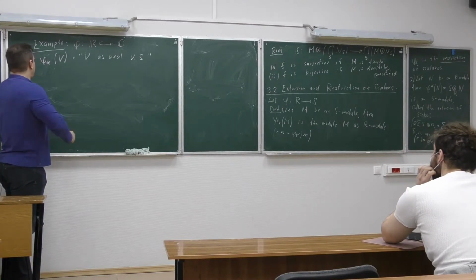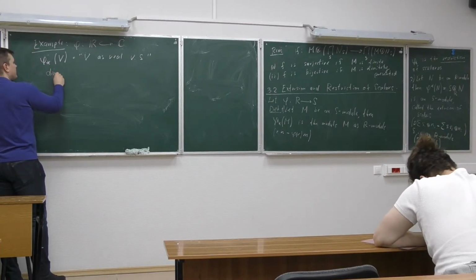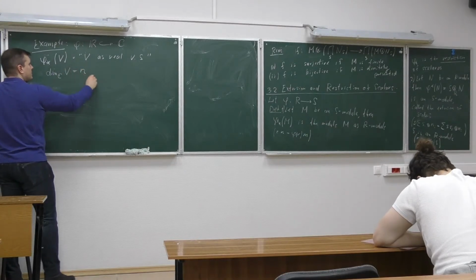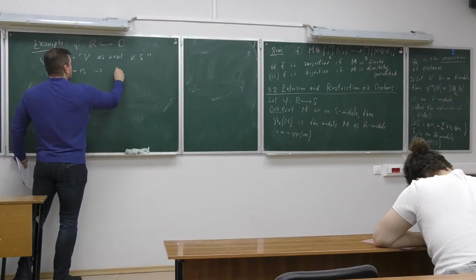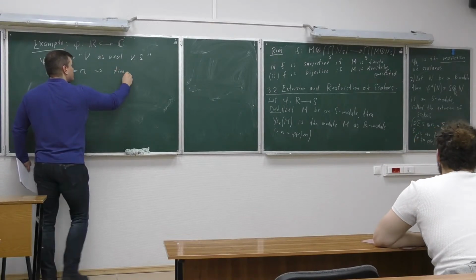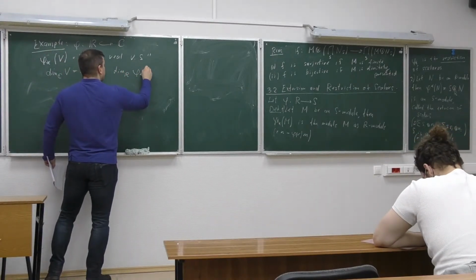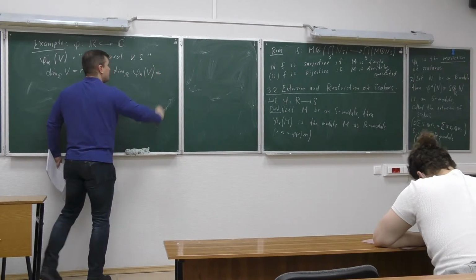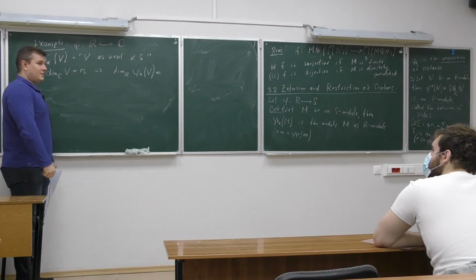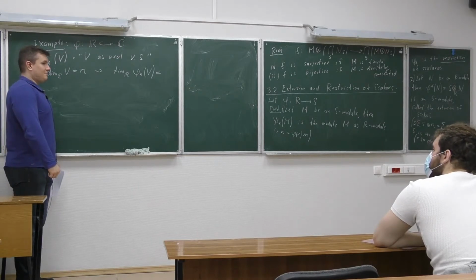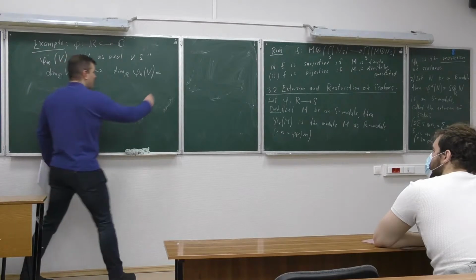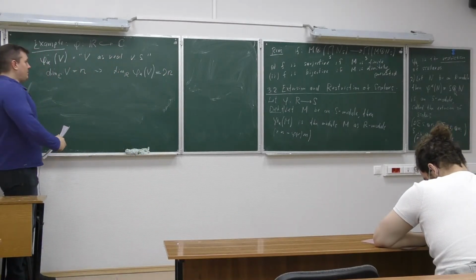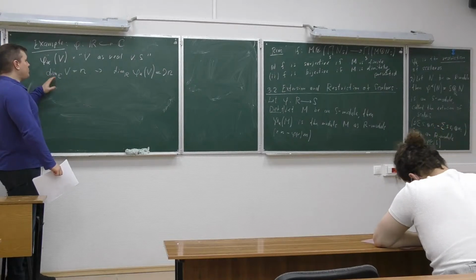For example, you can notice the following. If the dimension over complex numbers of the vector space V is n, then what is the dimension over real numbers of phi lower star of V? Well, take the simplest possible example.